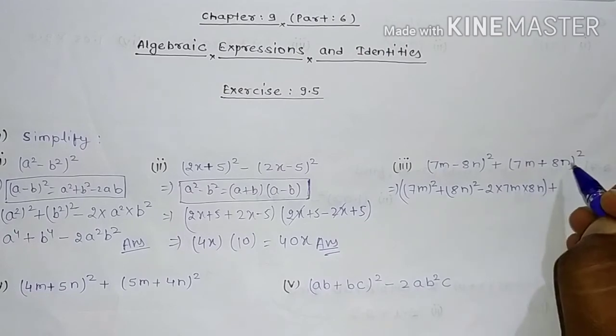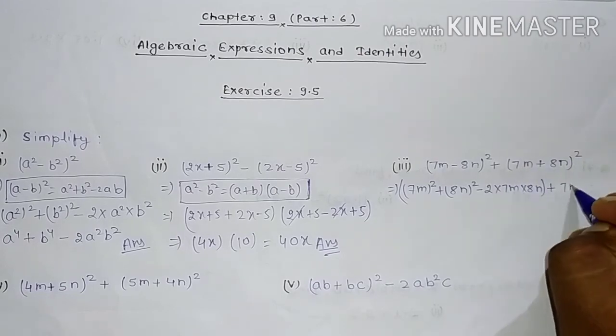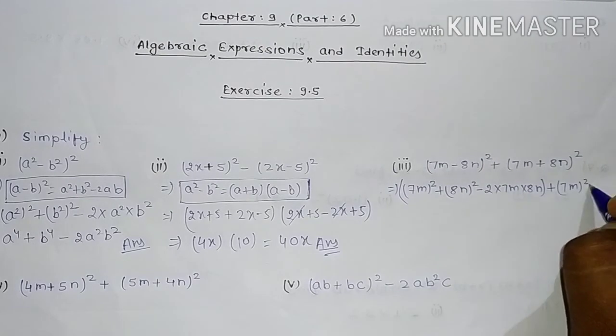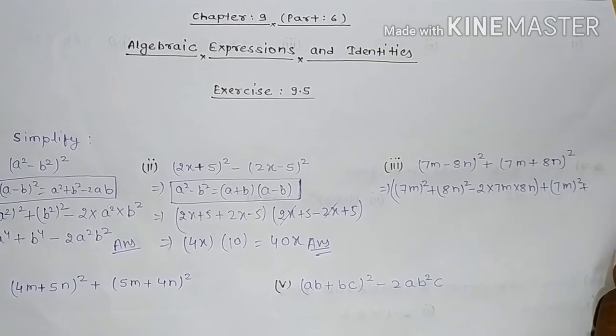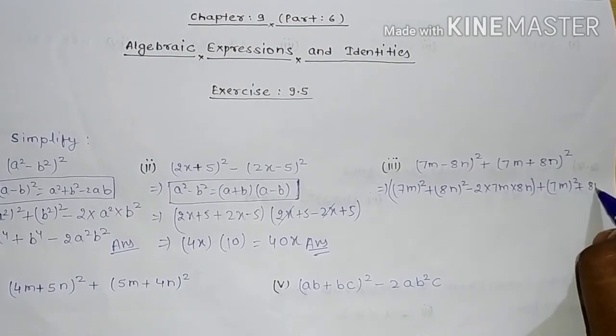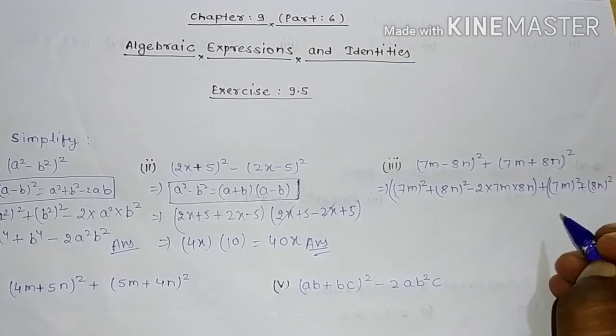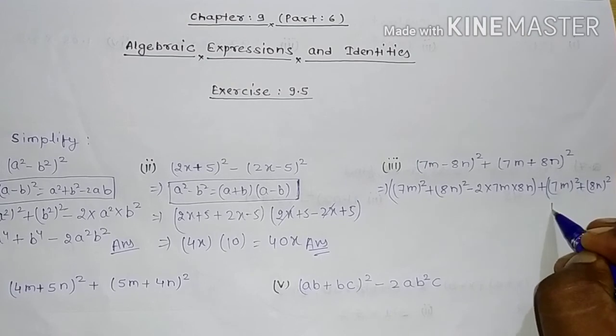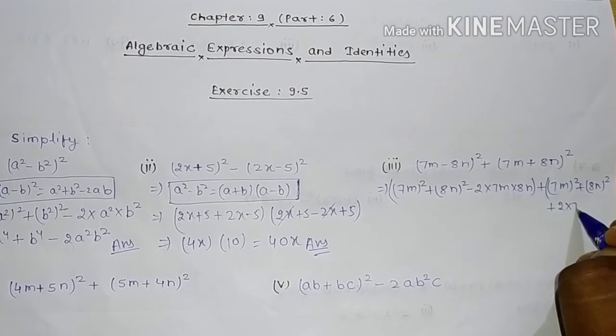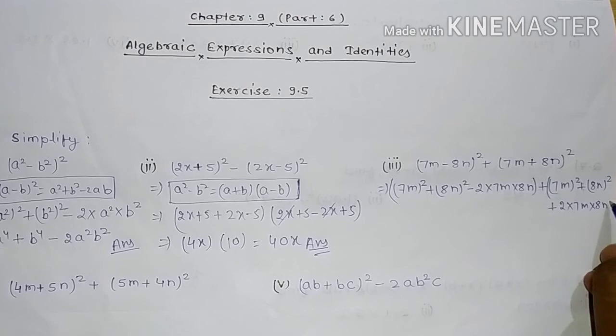So just expand it. A square, that means 7m whole square, plus b square, that means 8n whole square, plus 2ab. So plus 2 into 7m into 8n.